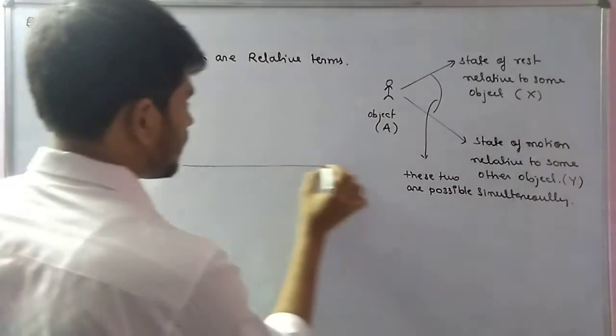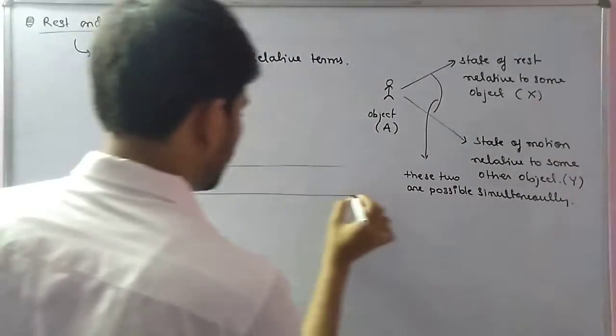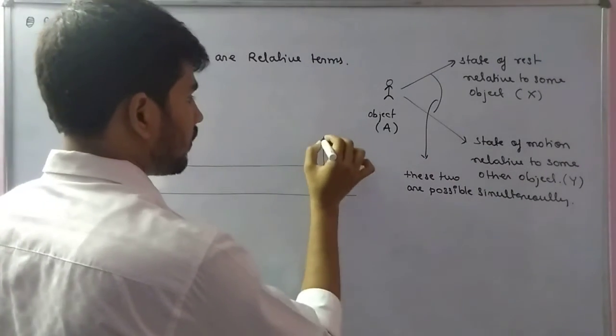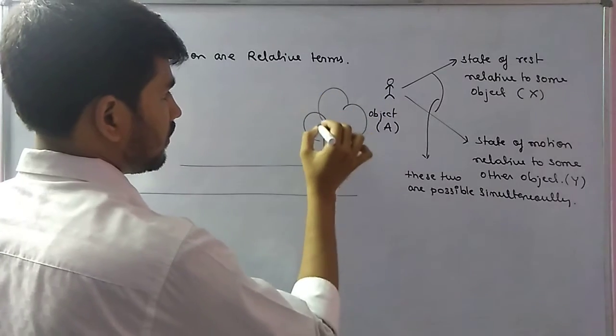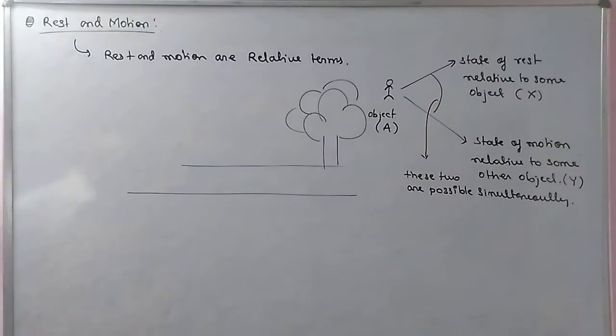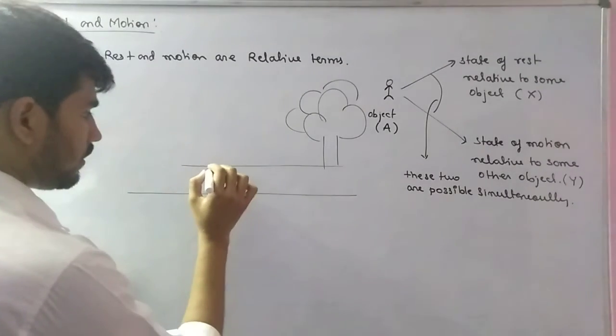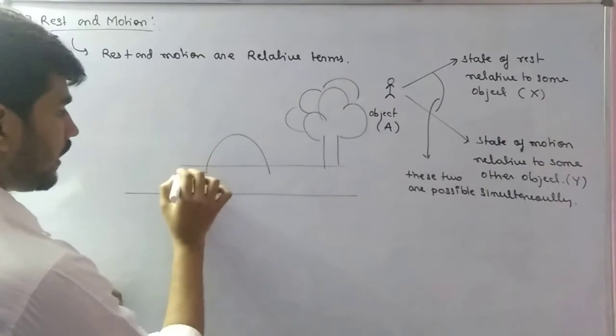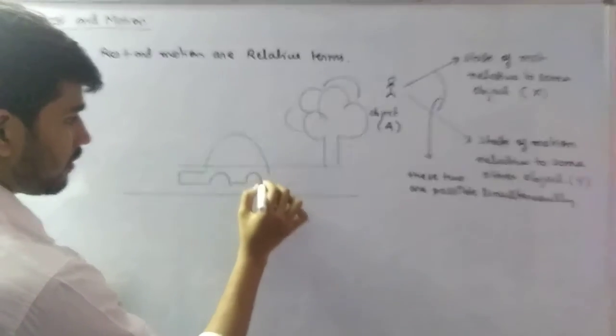Suppose this is a beautiful road. Over here we have a beautiful tree. Over on this beautiful road we have a beautiful car.